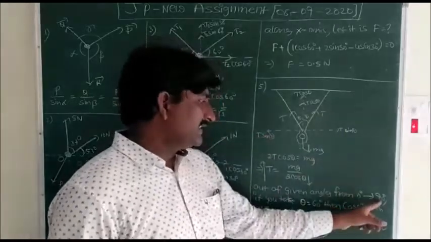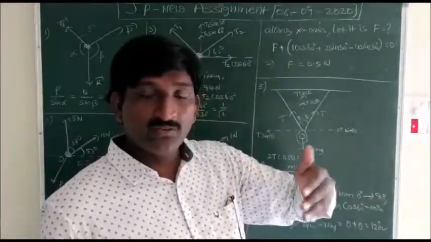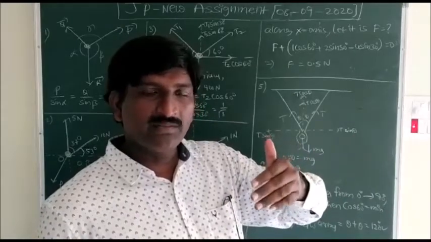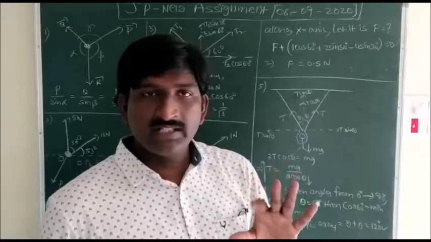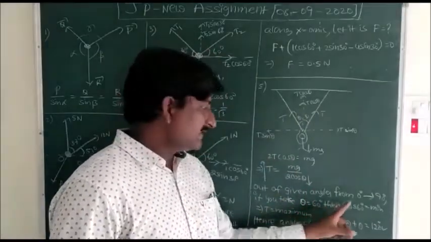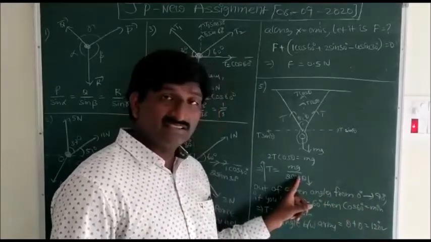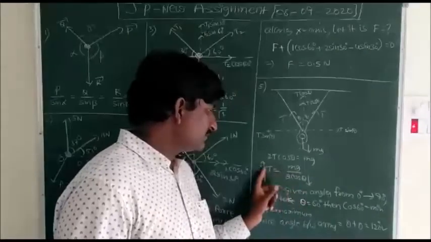From 0 to 90 degree, what happens to the cosine value? It goes on decreasing. The minimum, out of the given options, is at 60 degree. So if you take theta as 60 degree, the cos 60 degree value becomes minimum.